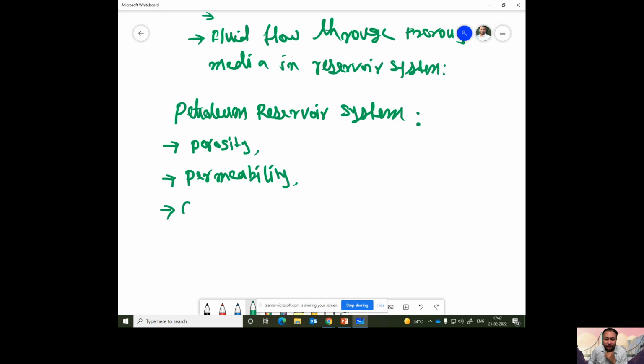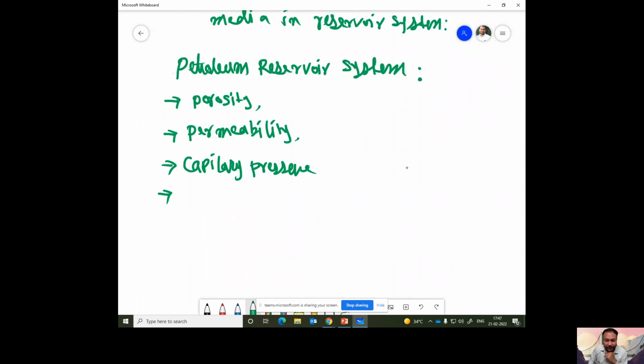Porosity, capillary pressure, viscosity. There are a number of parameters with which we can describe the system.